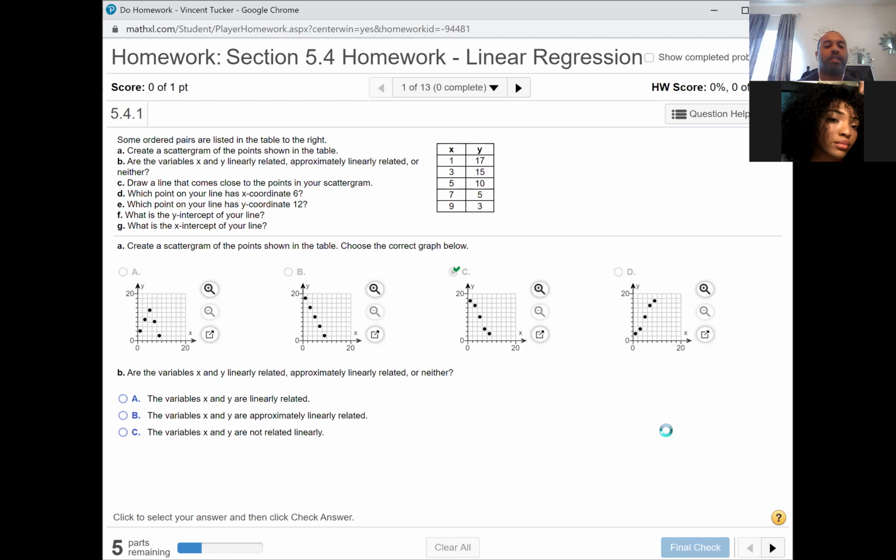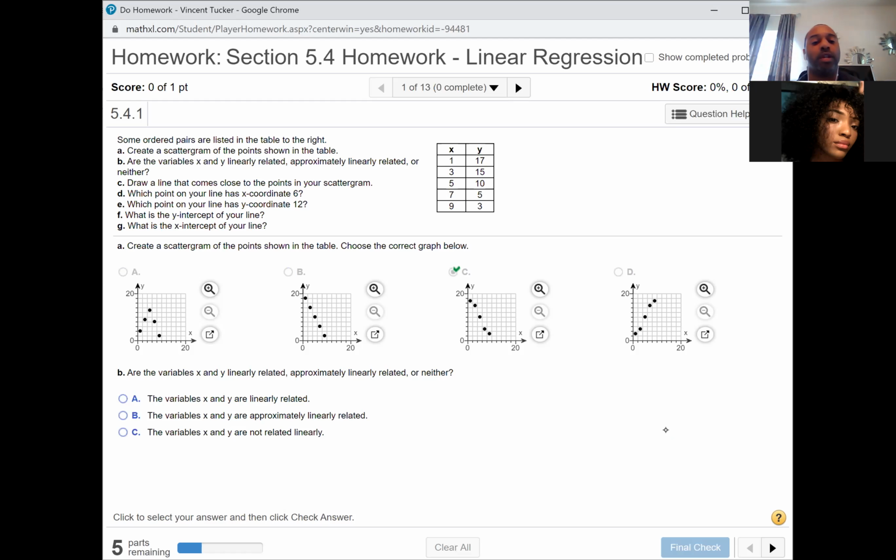Now, A, B, and C are our choices for B. It says, are the variables X and Y linearly related, approximately linearly related, or neither? The keyword in linearly related is line, a straight line.